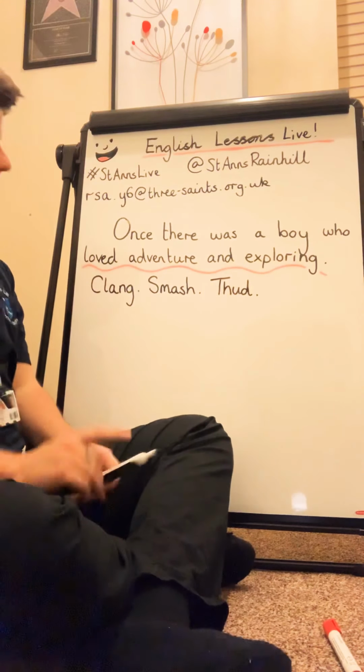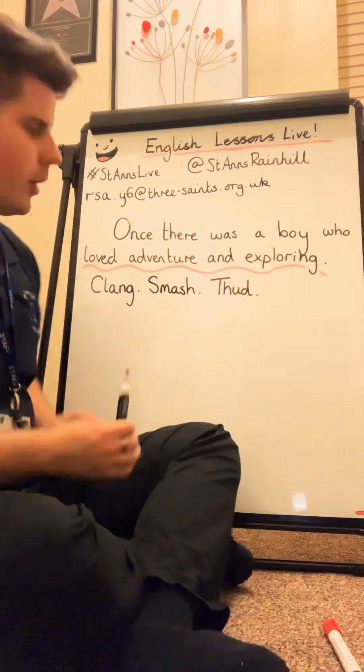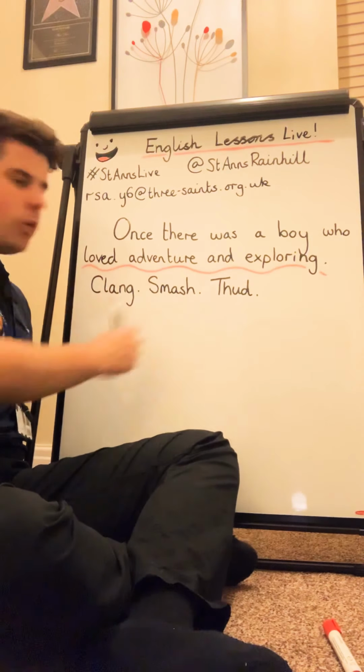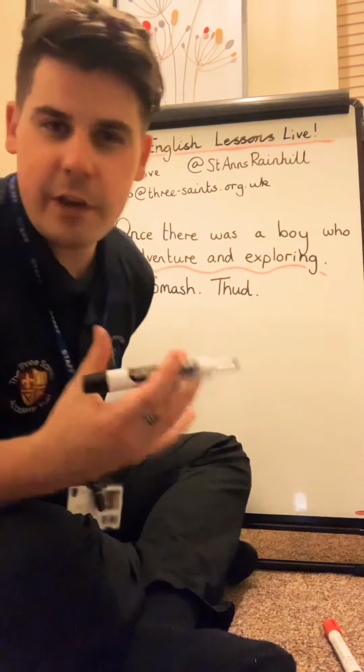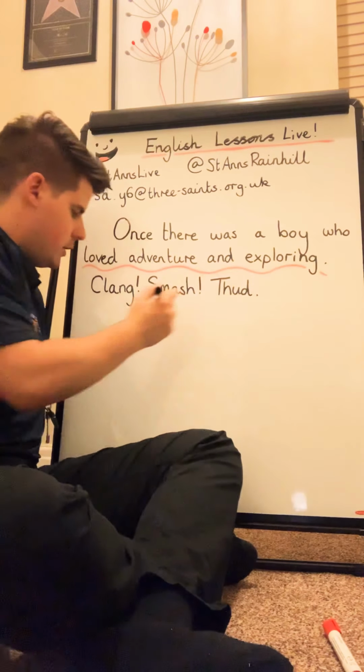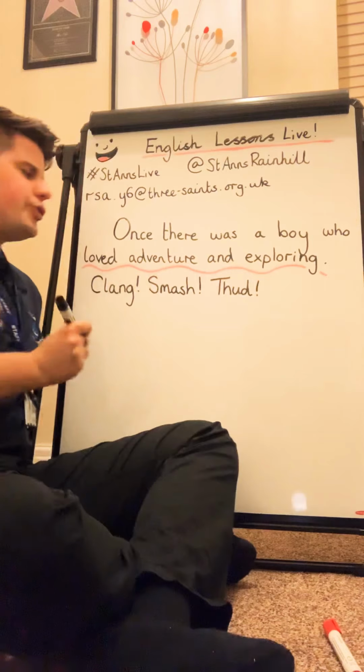Now you can see I've separated each of those words with a full stop, as if they're a sentence all by themselves. And actually, because they're going to be quite loud noises, I could swap that full stop for an exclamation mark. Clang, smash, thud.